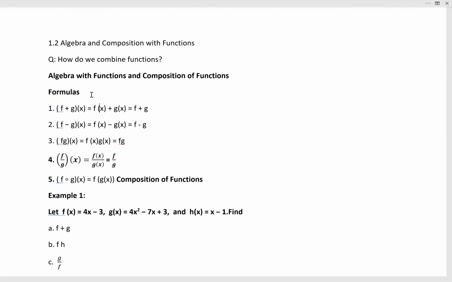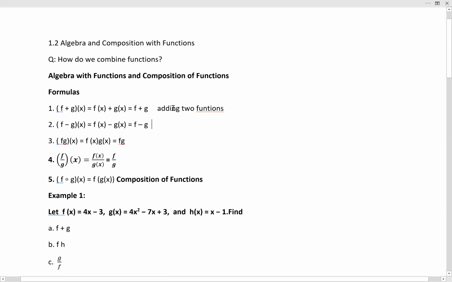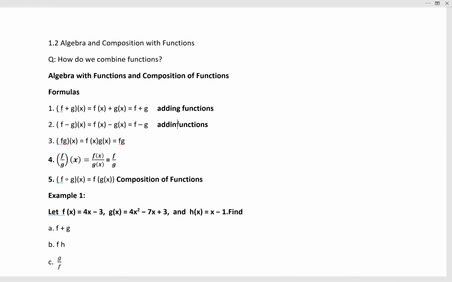So the first one is like a summation, adding two function. Okay, and then the second one is like subtracting two function. I'm just going to say adding functions rather than two functions because it could be more than two, right? So let's change this.